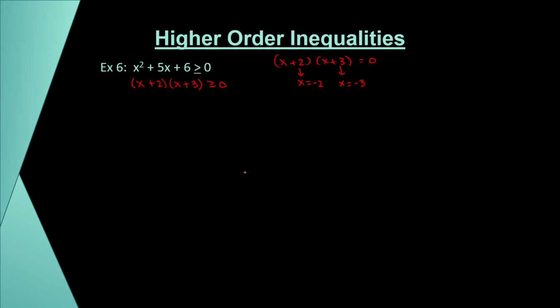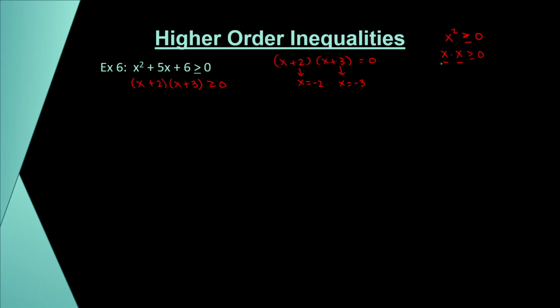But there are a couple of ways to think about this. First of all, I know if something squared is greater than 0, that means I have x times x greater than 0. And this would mean that this have to be positive, or they could both be negative, right?